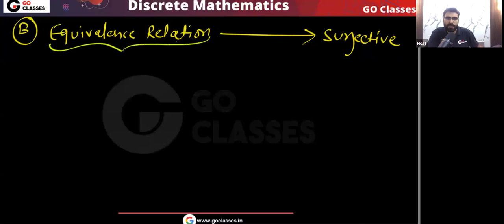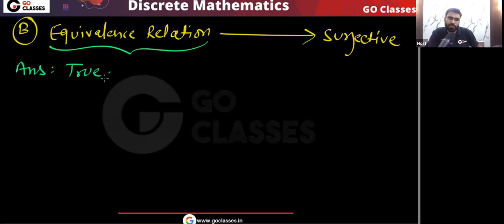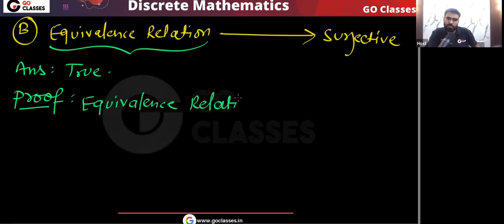Yes. Remember, an equivalence relation is reflexive. You already know that. The answer, let me tell you, is actually true. And what is the proof? See, an equivalence relation is reflexive, symmetric, transitive.